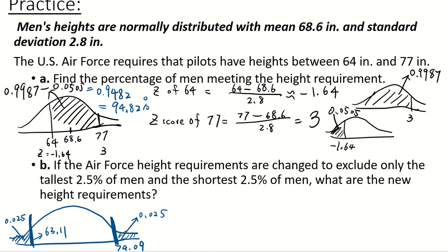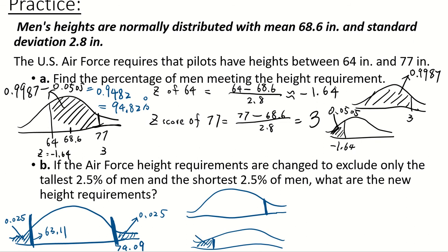Can we do this problem by hand? Yes, we can. You go to the A2 chart. In the A2 chart, we need to find two values. One value is this value, and one value is this value. If this area is 2.5%, you will find in the chart the area is 0.025.